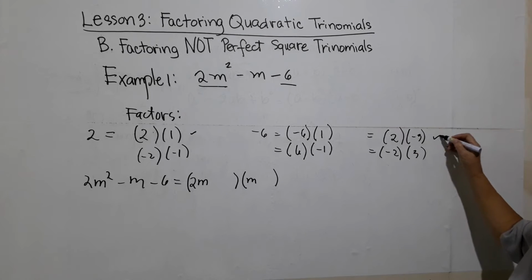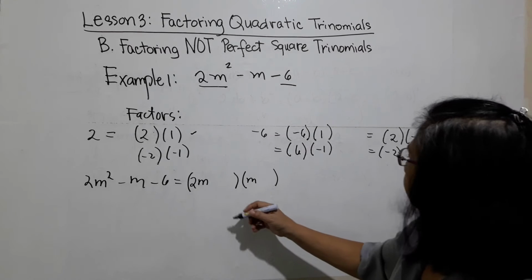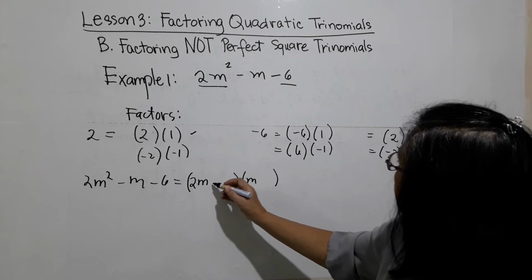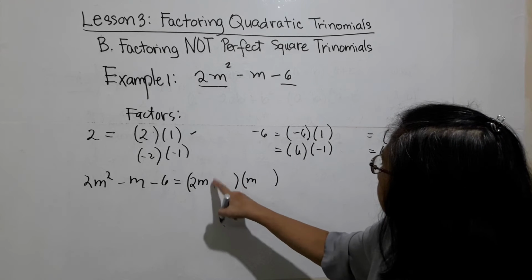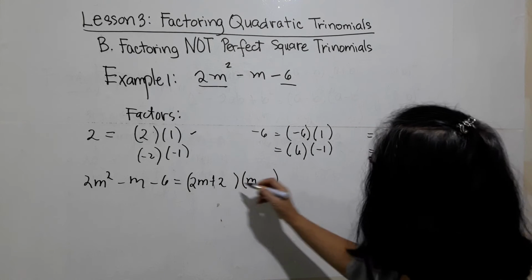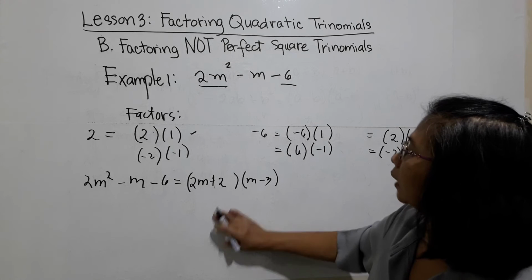Let us try first 2 and negative 3. So 2m, if I have here positive 2, then negative 3. Let us see if they are correct.